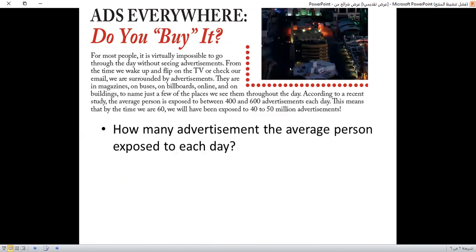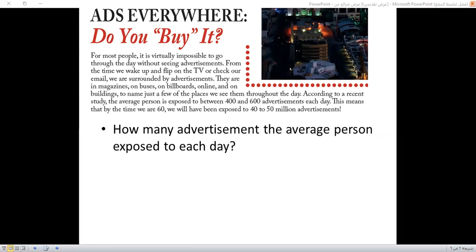Ads everywhere. Do you buy it? For most people, it is virtually impossible to go through the day without seeing advertisements. From the time we wake up and flip on the TV or check our email, we are surrounded by advertisements. They are in magazines, on buses, on billboards, online, and on buildings, to name just a few of the places we see them throughout the day.